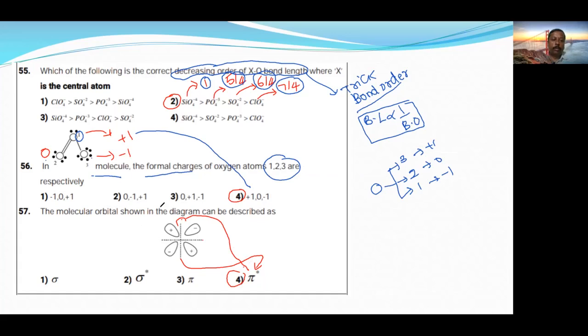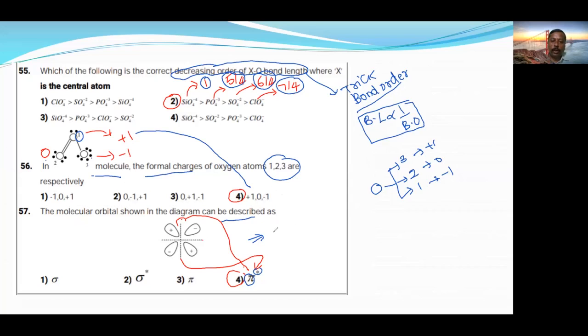Molecular orbital shown in the diagram is described as. Here there is an opposite side. Because of the opposite side, this will be star. And it is sideways overlap, therefore it is pi. This was shown on the digital board, how to identify the type of molecular orbital, in our video lecture.